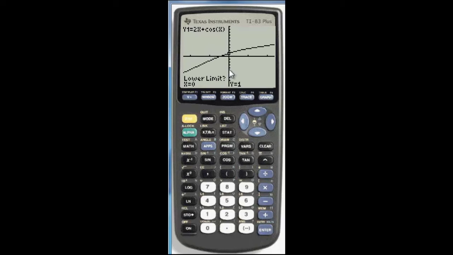For the lower limit, we want negative pi divided by 2, so let's enter that in. So negative pi divided by 2. Upper limit we want to be pi over 2, so go ahead and enter that in. Second, pi divided by 2.